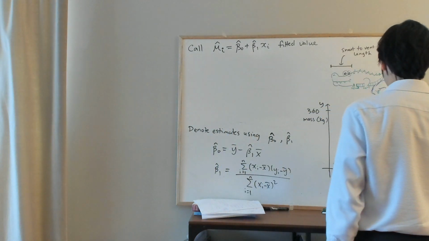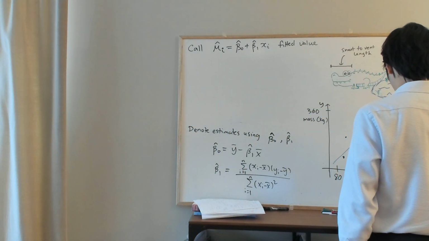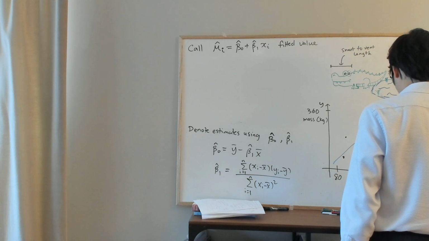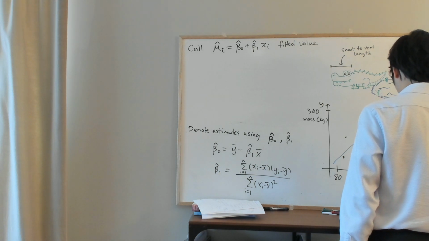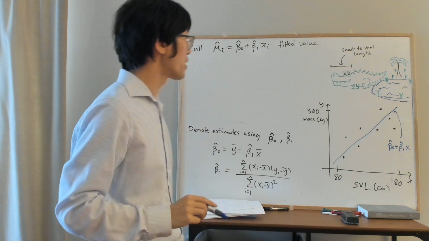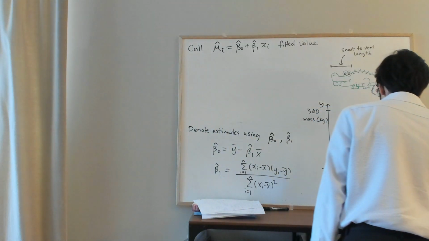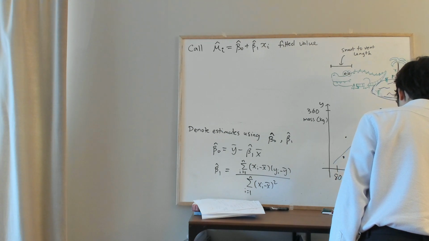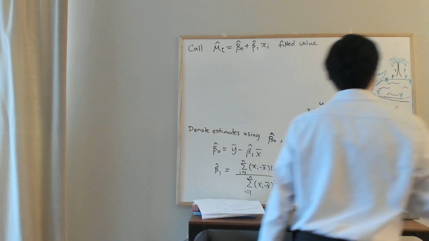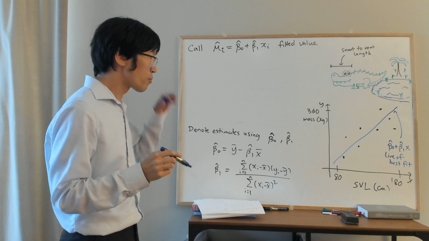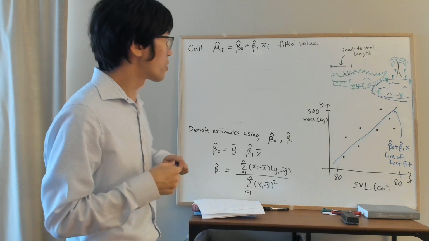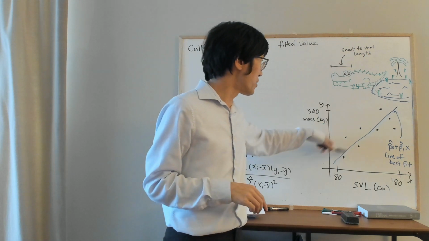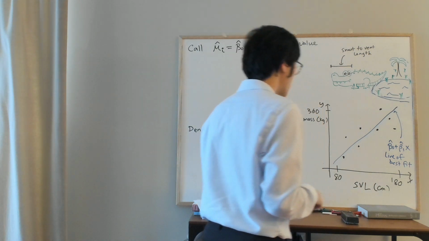So the equation of this line would be beta 0 hat plus beta 1 hat x, and so that's our line of best fit. Relative to that, we have the data points from which we fitted the line.